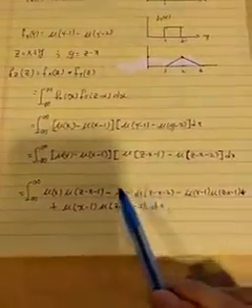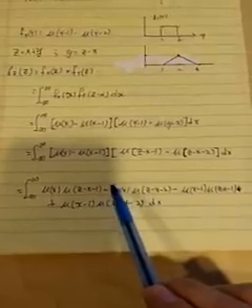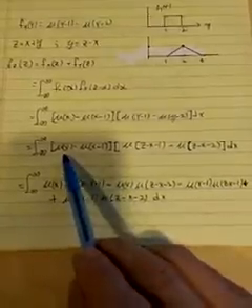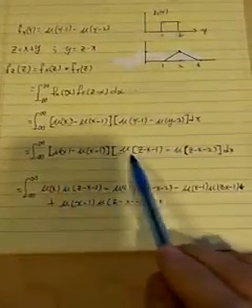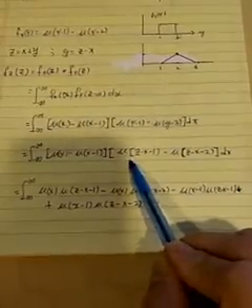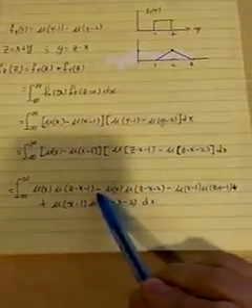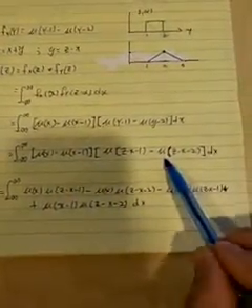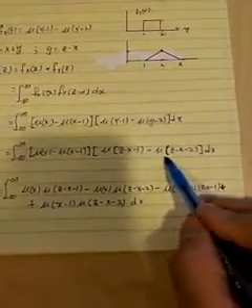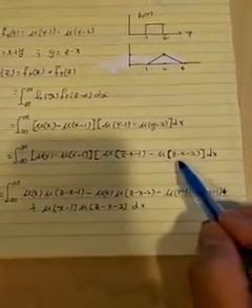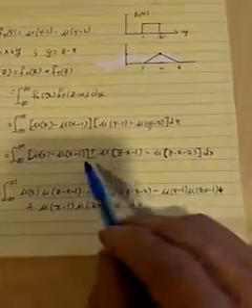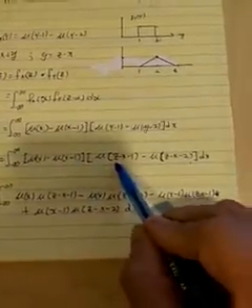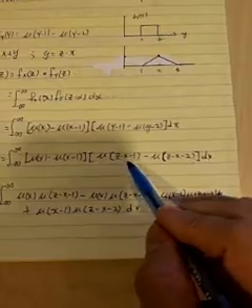So we need to open this one. This is u of x multiplied by u of z minus x minus 1, and then minus u of x and u of z minus x minus 2, and then u of x minus 1 multiplied by u of z minus x minus 1.